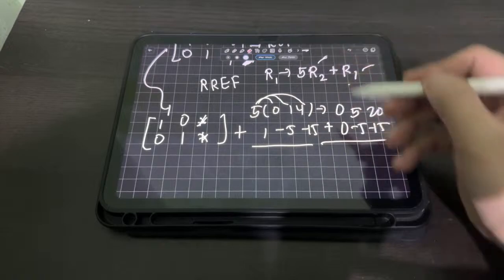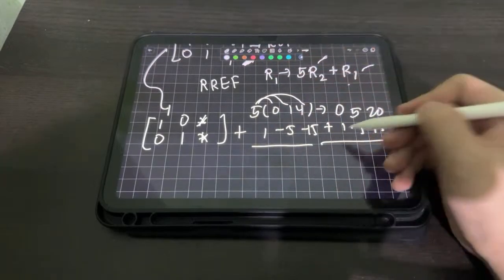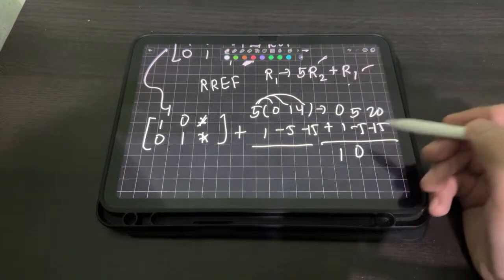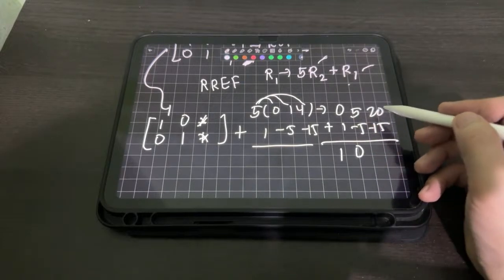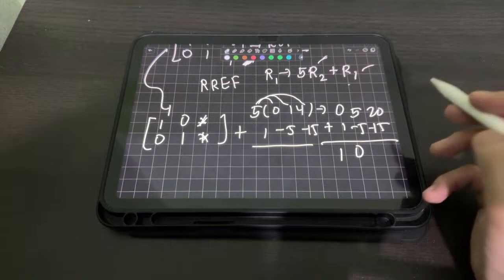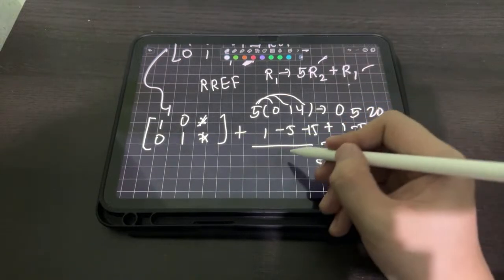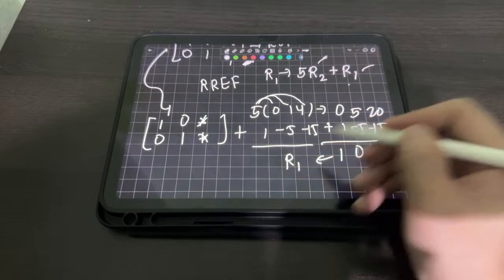You add this with the entries in R1, which is 1, negative 5, negative 15. So 0 plus 1, 1. 5 plus negative 5, 0. And then 20 plus negative 15, positive 5. So this will be the new entry in R1.